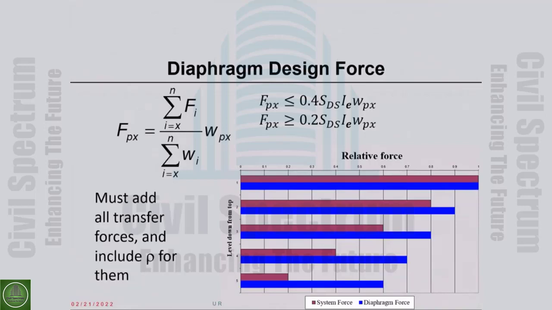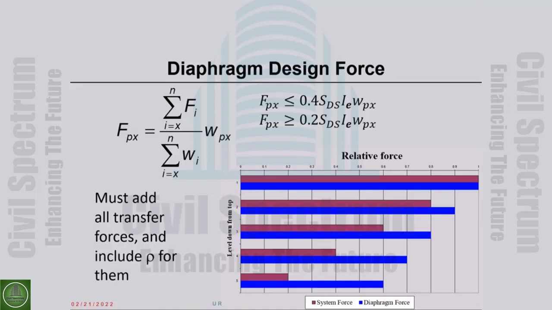The beginning again is the design base shear V. We calculate it and then we distribute it along the height of the structure in the manner prescribed by the code. Linear variation, zero at the base to a maximum at the top, for buildings with period less than half a second.